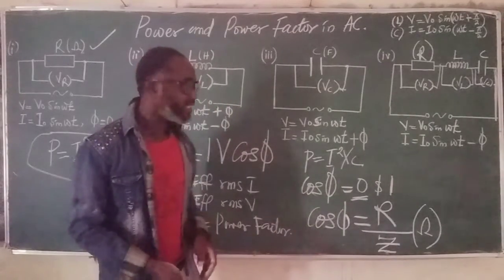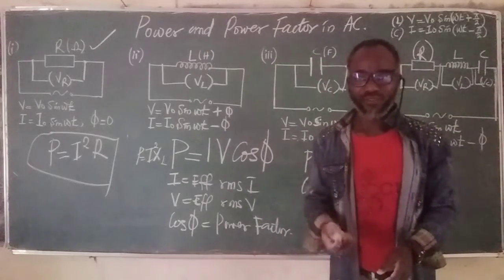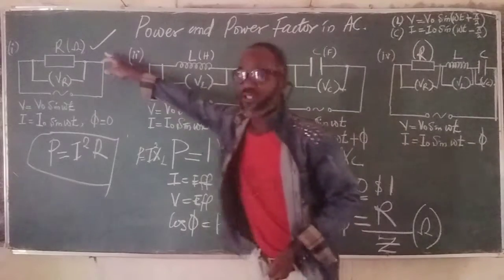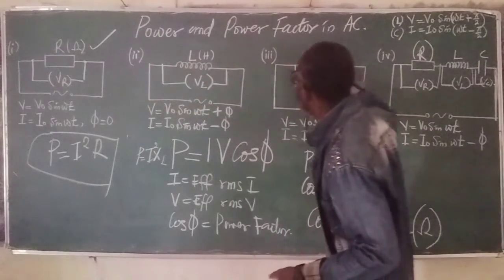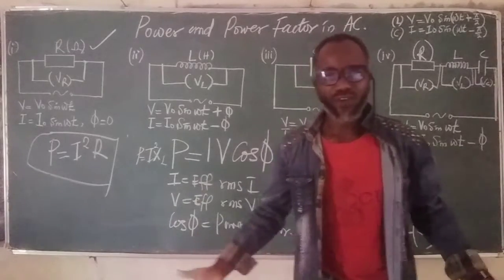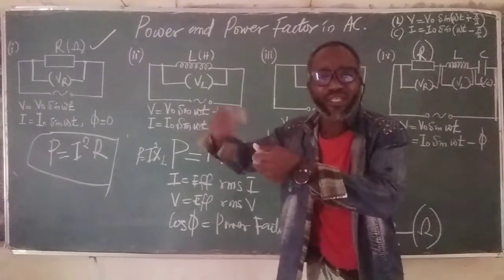All that I've said: the main component that takes current in an AC circuit, that absorbs much energy in an AC circuit, is the resistor. These ones, they don't take much of the current at all. Maybe because of their nature. Of course, what is this? This is just a coil.